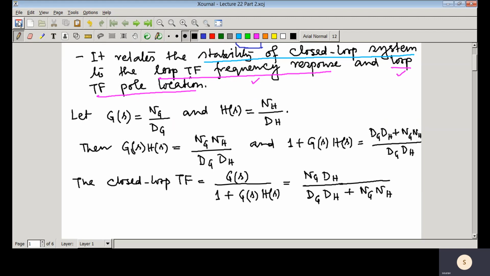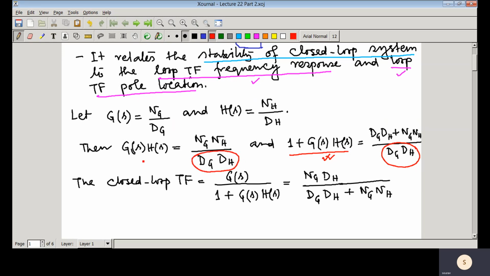So here you can see this is the characteristic polynomial, 1 plus G(s)H(s). It has poles given by DG DH, that means the roots of the polynomial DG DH are the poles of 1 plus G(s)H(s).